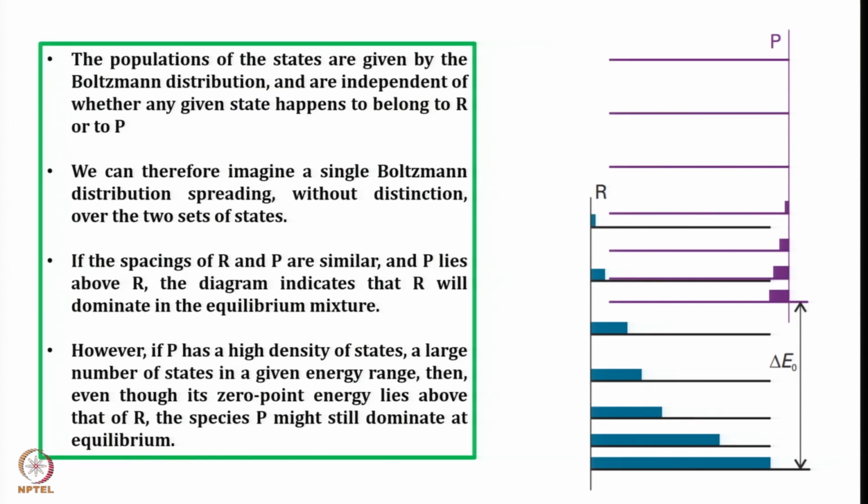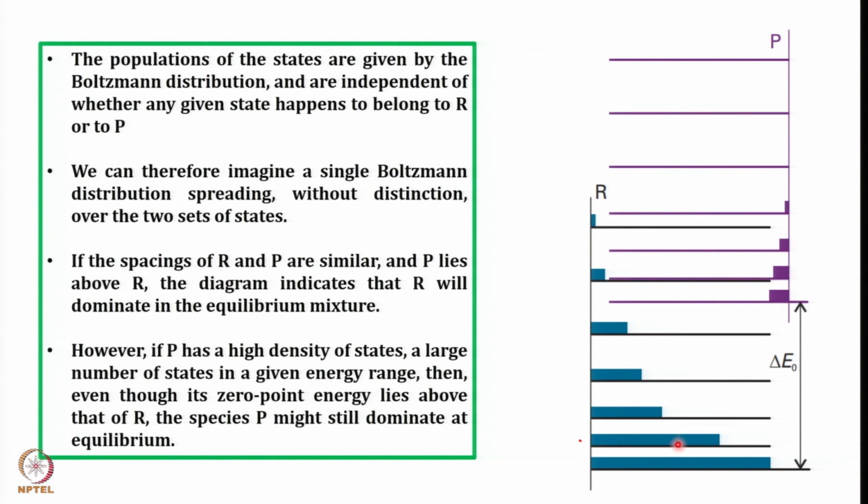Now let us take the example which is shown on this slide, and let us take a look at the comments. The first comment is, the populations of the states are given by the Boltzmann distribution and are independent of whether any given state happens to belong to R or to P. What it means is, when you have this combination of R and P, the population of these combined states is going to be given by the Boltzmann distribution.